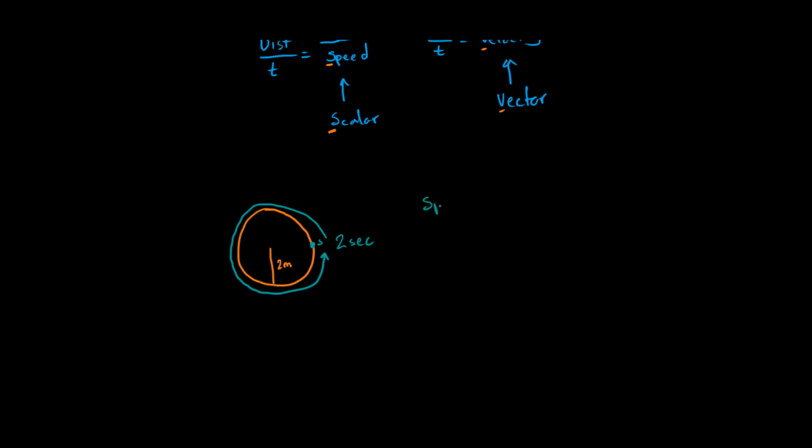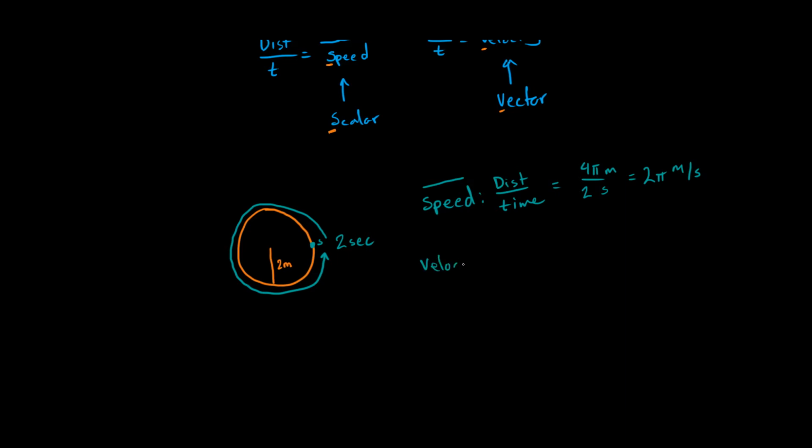So for my speed, I would say it's my distance divided by time, and I should actually say this is my average speed. So my distance that I traveled is just the circumference of the circle, which is 2 pi r. In this case, r is 2, so I would say it's 4 pi divided by my time, which is 2 seconds. So 4 pi meters over 2 seconds gives me 2 pi meters per second.